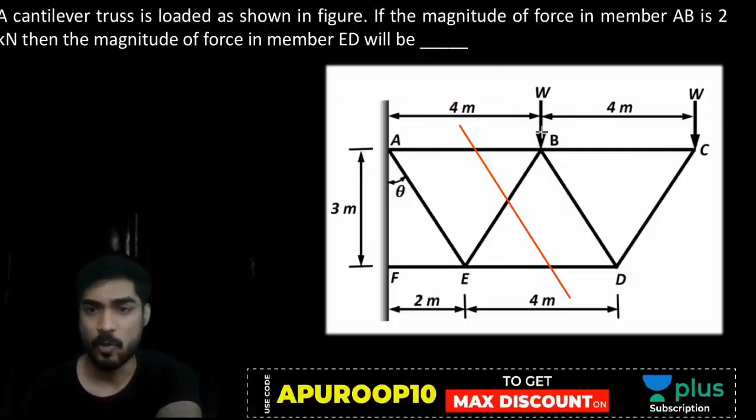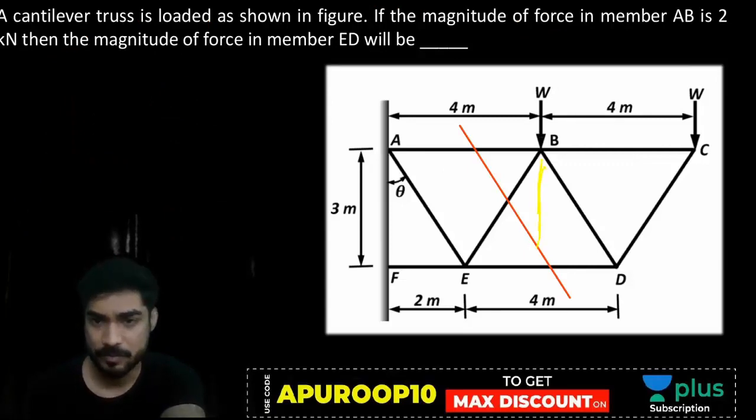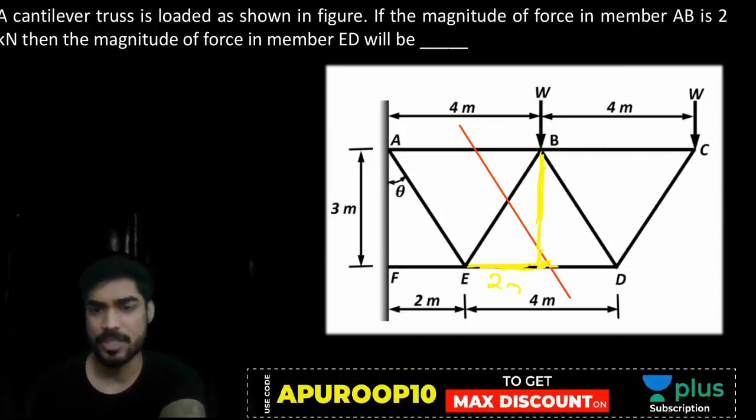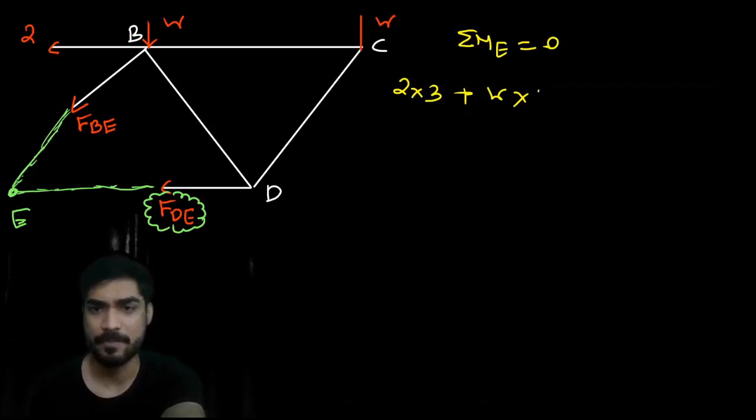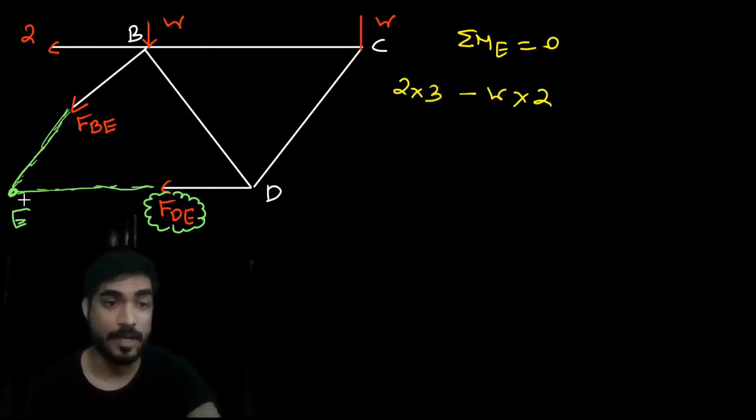What will be this distance, beta? It is bisecting ED, so this distance will be 2 meter. Sorry, the moment of this W will be clockwise, since I am taking moment about E. The 2 kilonewton moment is anti-clockwise, and the W moment is clockwise.